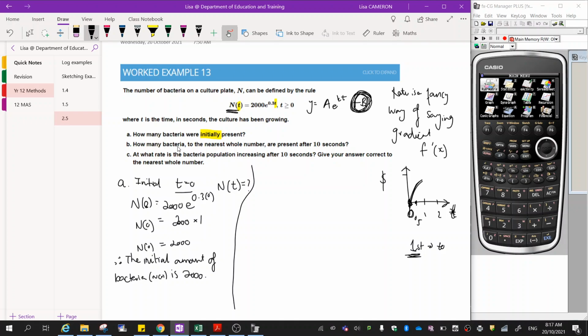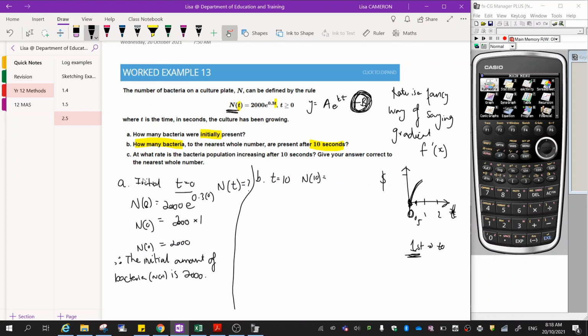Okay, next one. How many bacteria to the nearest whole number are present after 10 seconds? So, how many bacteria after 10 seconds? Now, the easiest thing to pull out straight away is that T is going to be equal to 10. If I'm looking for the number of bacteria, how many bacteria, that means that I am still substituting into N(T). So I want to find the number of bacteria at 10 seconds.